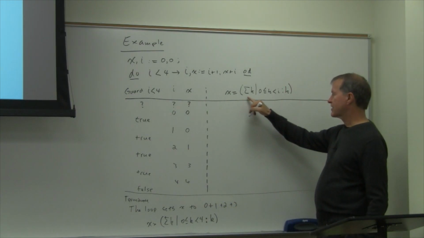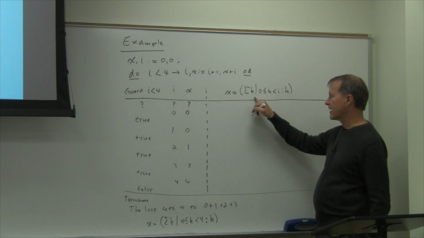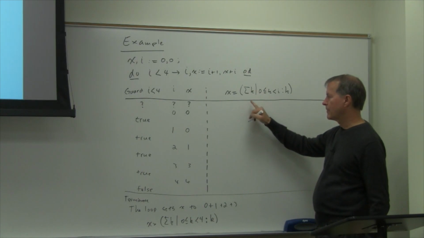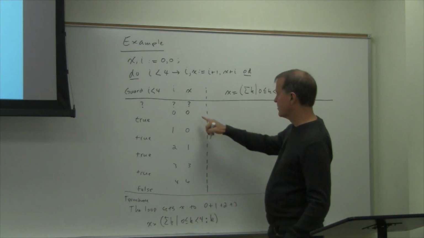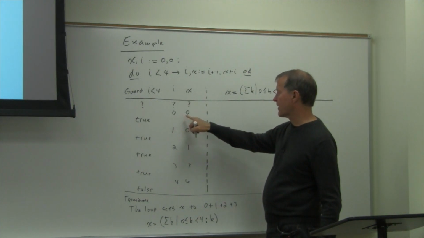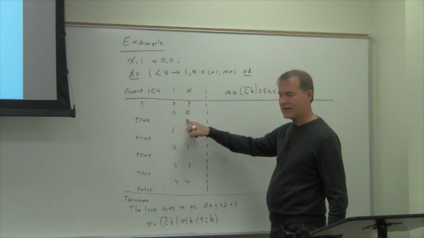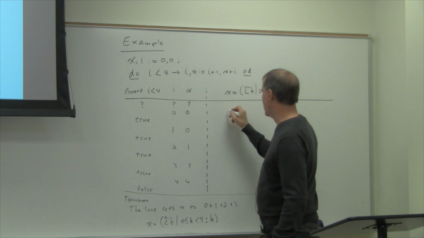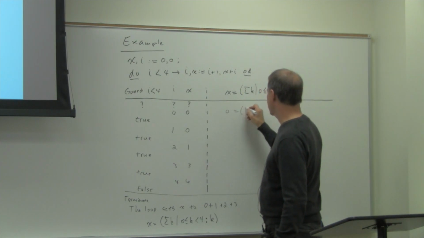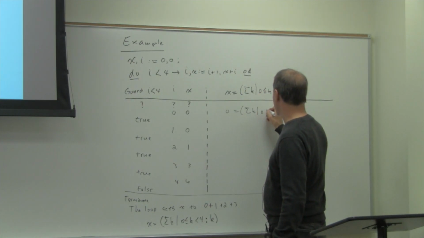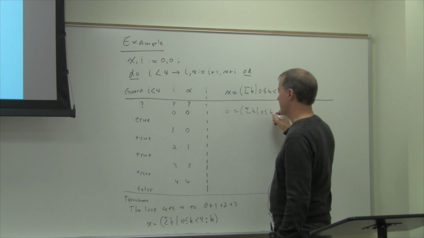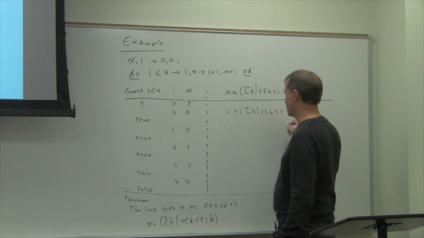Now let's compute this invariant and see if in fact it is true. At this particular point, what is the value of I and what is the value of x? 0 and 0, right? So this evaluates to 0 equals sum on k, 0 less than or equal to k less than 0, body k.